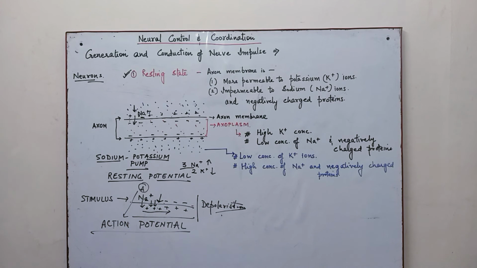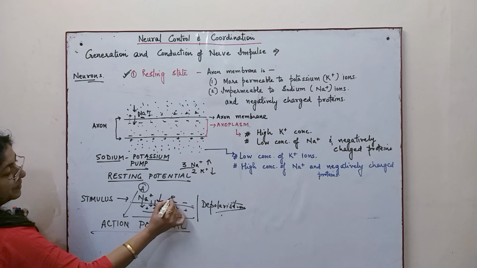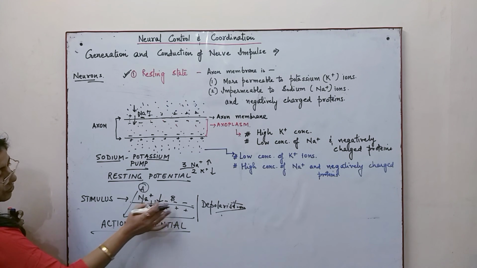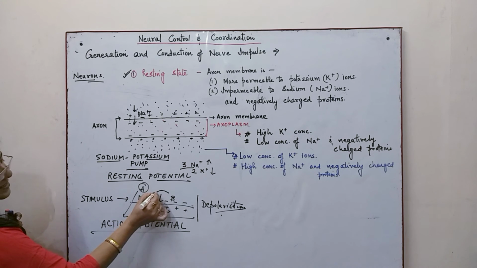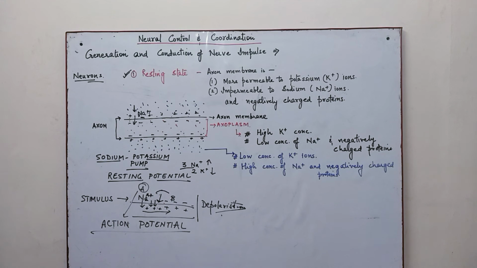Now, the result is the current inside, that is the electric current, flows from site B to site A, that is towards the outside. So if we talk of site B where the depolarization is almost ending, and here the site A, the movement of current is this, whereas inside it is taking place in this direction.